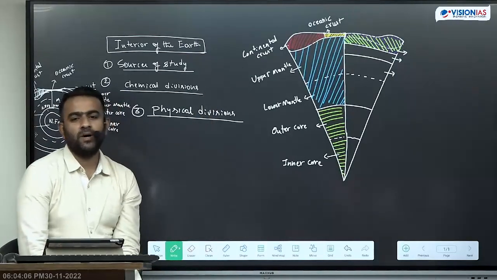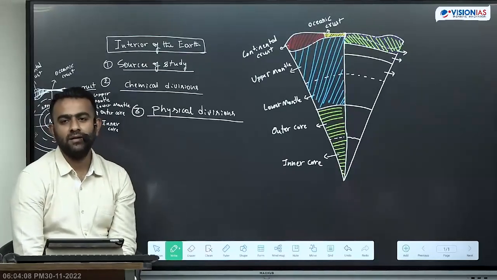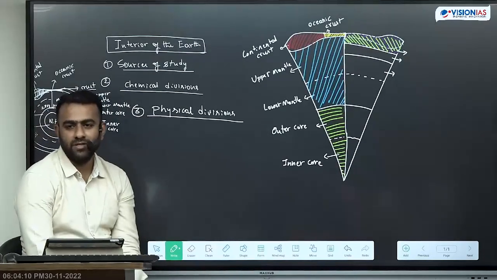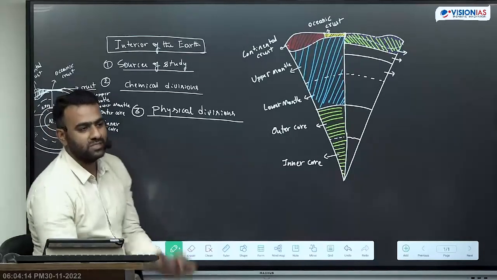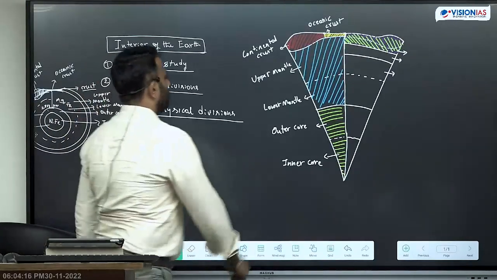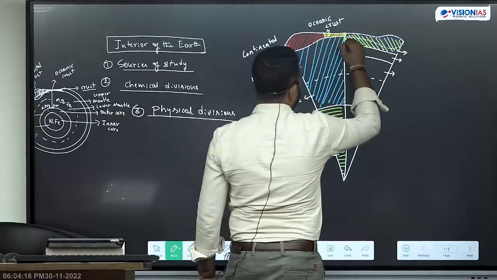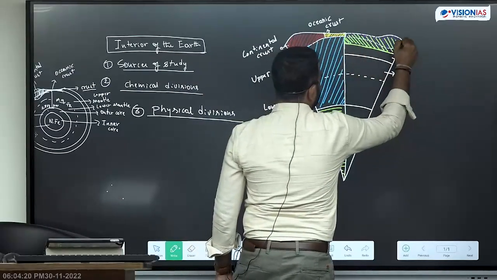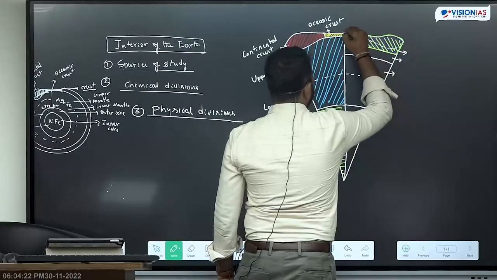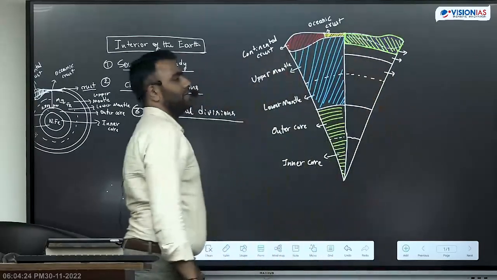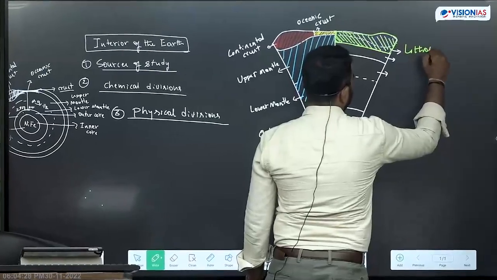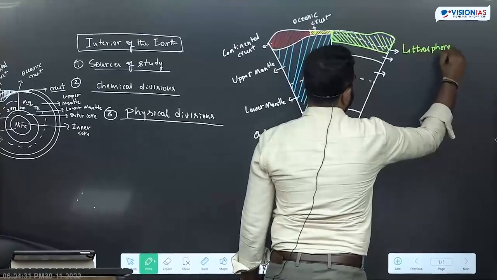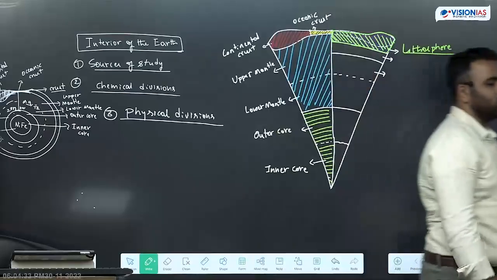The uppermost part of the mantle is attached with the crust and forms one separate single unit. It exists as this single unit. That is what we call lithosphere. So what is lithosphere?